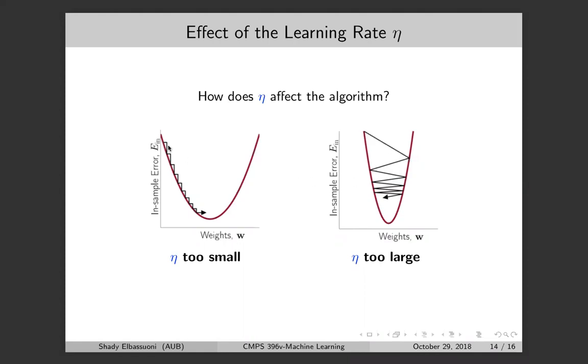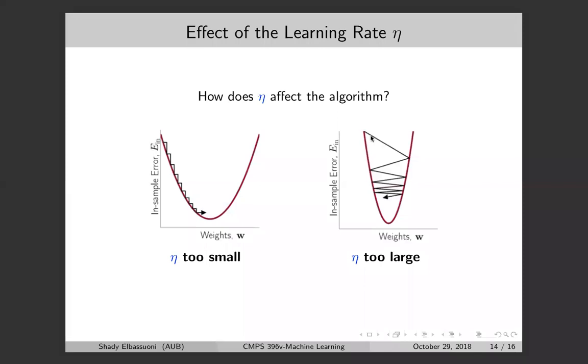What happens when eta is too small? What does this tell you? Not overfitting, it just tells you it takes too much time to converge. Exactly. It will take me in the right direction, so the weights are being updated and getting better and better, but it's very slow. So I'll run a lot of iterations until I reach my minimum or something close to the minimum.